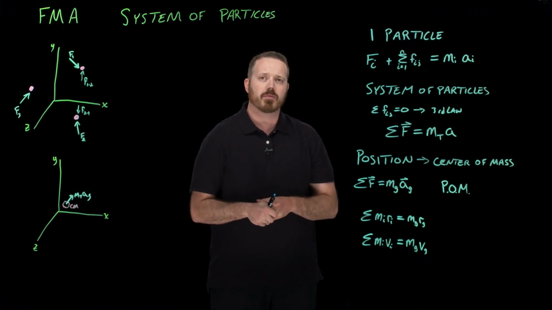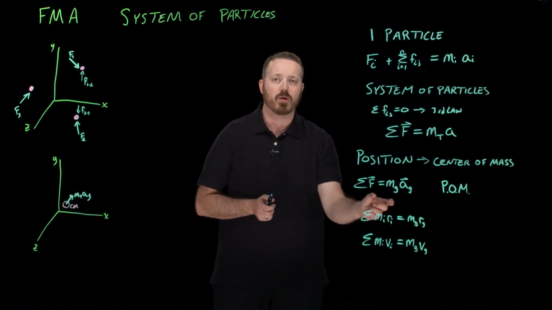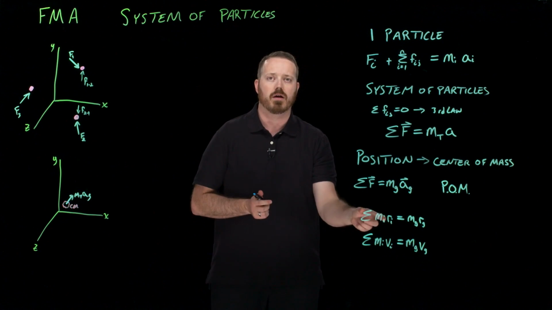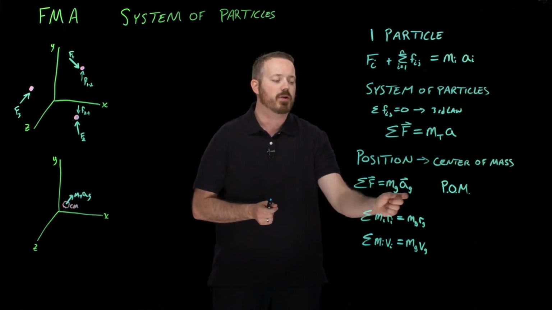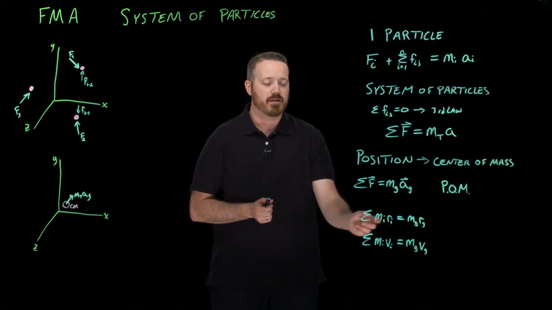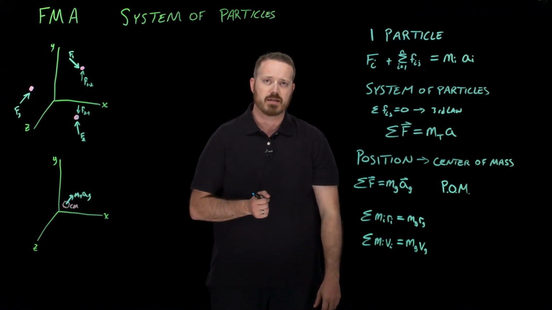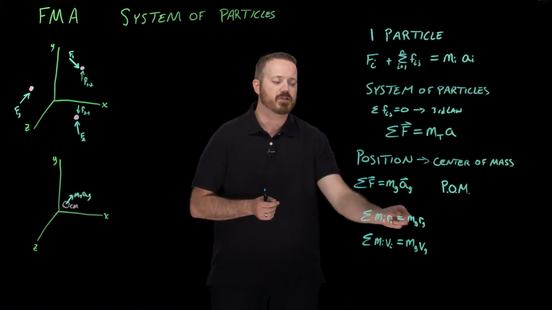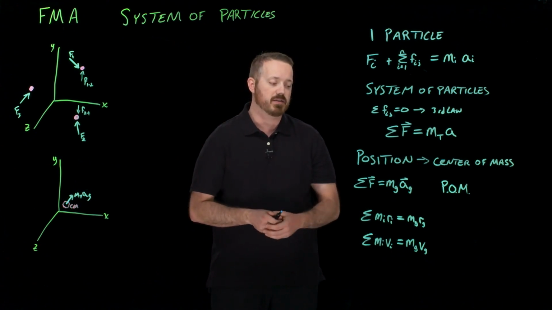Further, we can apply the principle of moments to understand how the moments caused by all of those bits of particles on the system are going to affect the total moment of the center of mass, and how all the little bits of momentum, that is their mass times velocity, add up together to be equal to the total momentum of the system of particles.